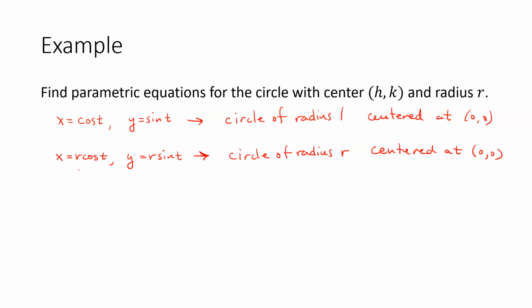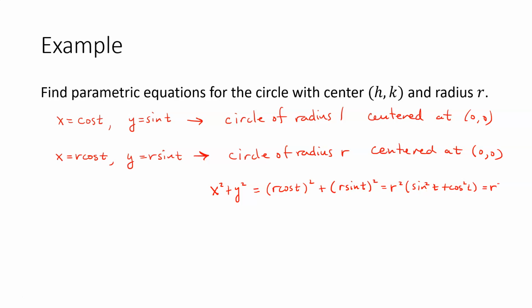Because if we look at the equation x squared plus y squared, well, here we've got (r cosine t) squared plus (r sine t) squared, which we can factor out r squared, and then we're left with sine squared t plus cosine squared t, which we know is equal to 1.